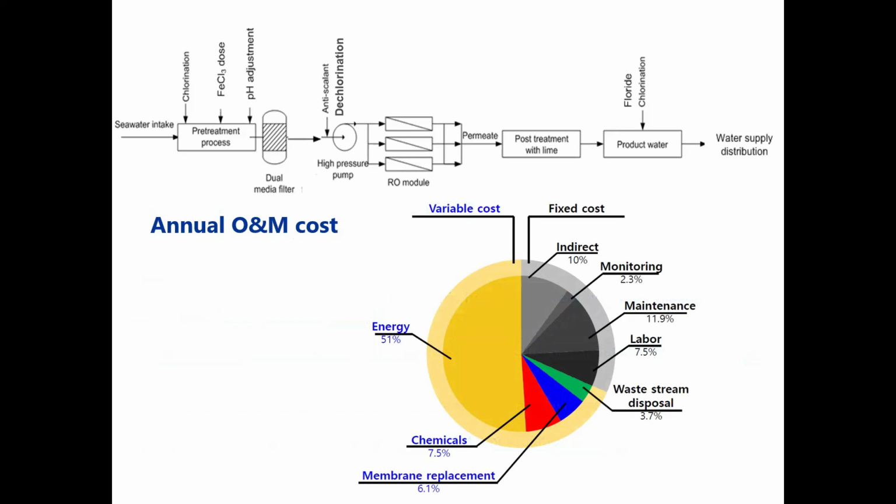It's up to you, but typically we also think about energy cost, 51%. So what's the energy cost of 1 kilowatt hour now? We pay around $0.3 for 1 kilowatt hour.